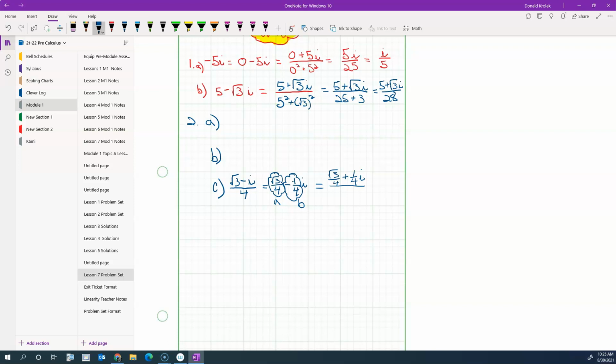Okay. Now root 3 over 4 squared plus 1/4 squared. Now we just got to simplify that.